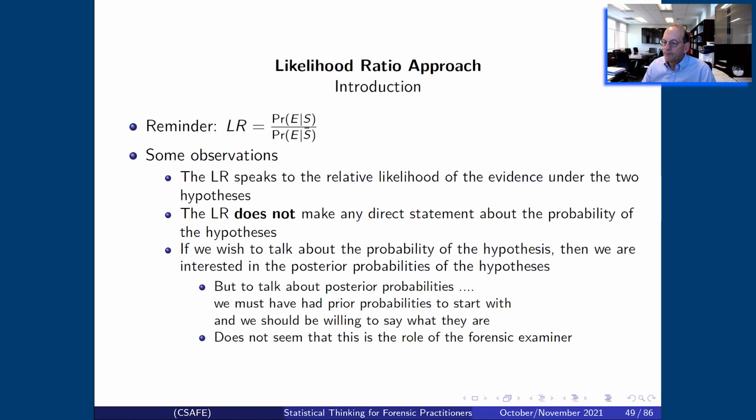I've said this already. This is what the likelihood ratio is. You'll notice the likelihood ratio is assigning probabilities to seeing evidence like this. It is saying nothing directly about the probability of it being the same source. It's the probability of the evidence that's critical.